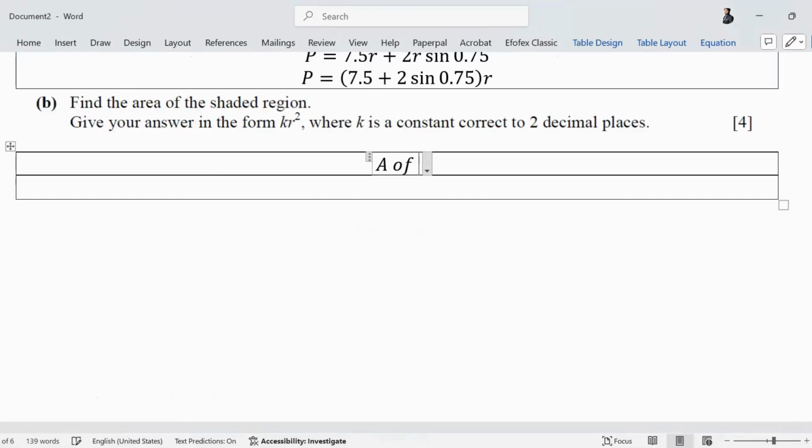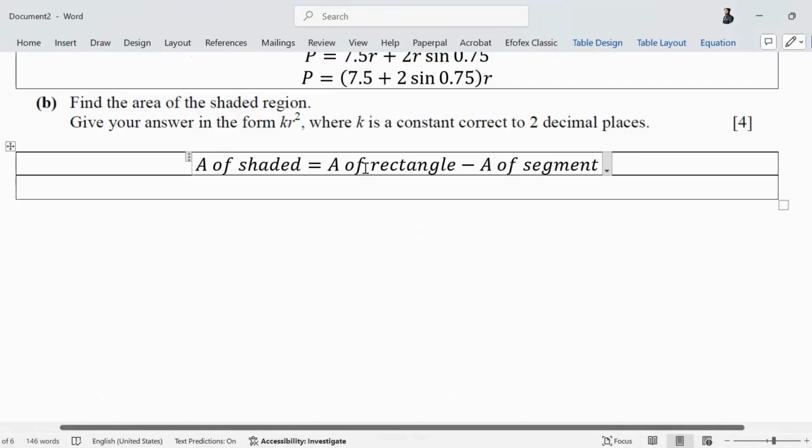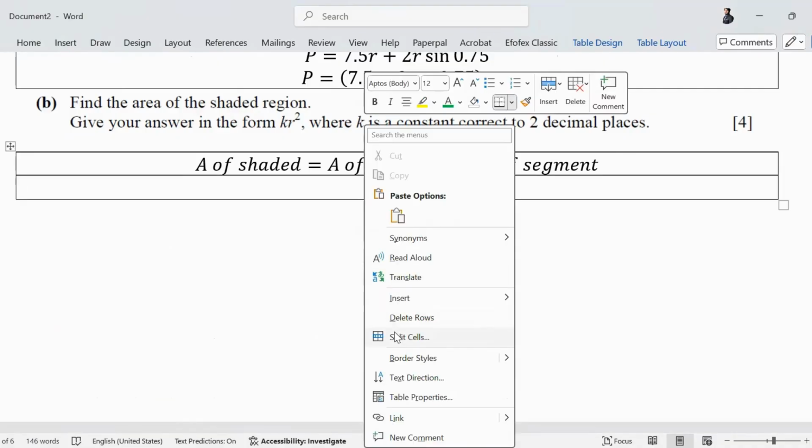So the area of the shaded region is the area of the rectangle minus the area of the segment. The rectangle is not an issue. The rectangle is length times width, and we will get it in terms of R. But what about the segment?